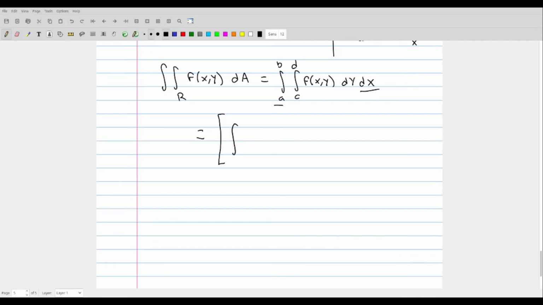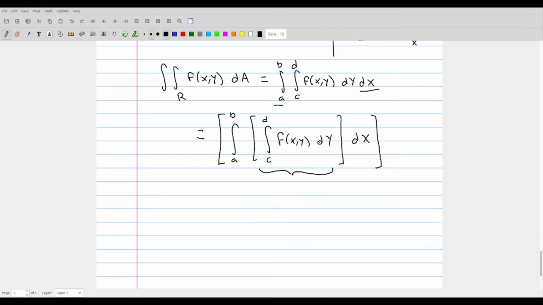So you calculate the integral from A to B of the integral from C to D of the function with respect to y. And then the result that you get from this integration, you do the integral of the function from A to B. So we don't always write these boxes here, but it's nice to write this at least a couple times.